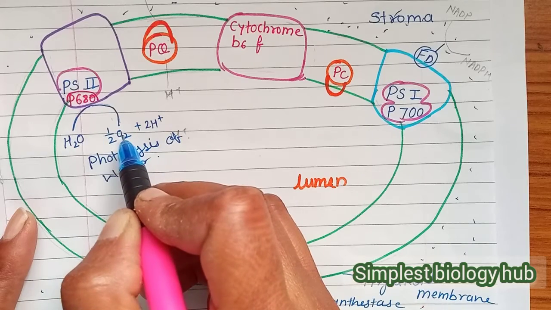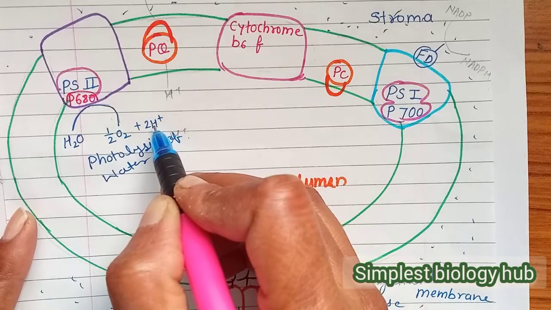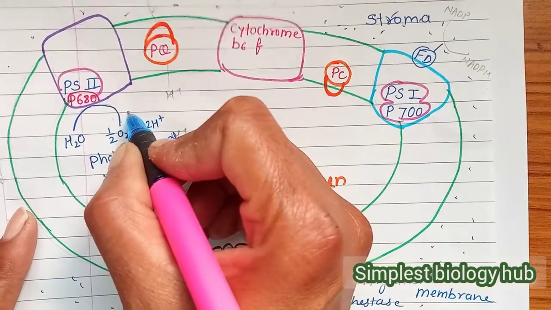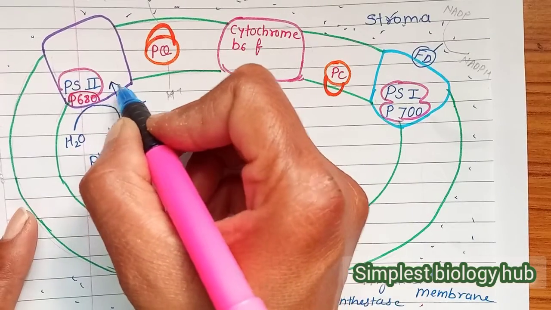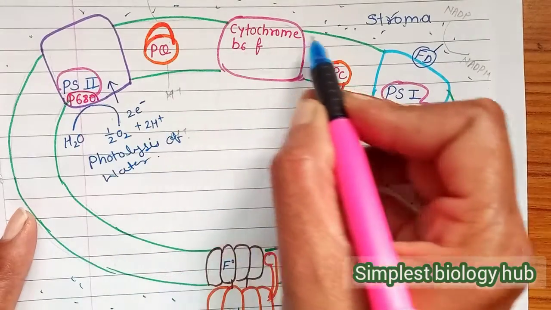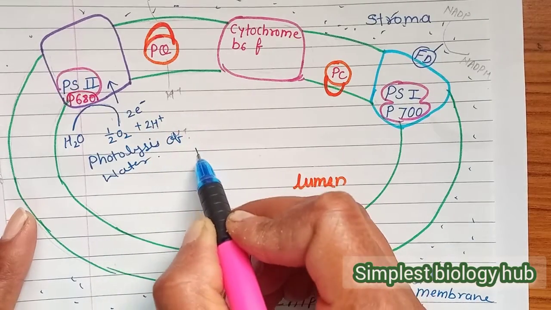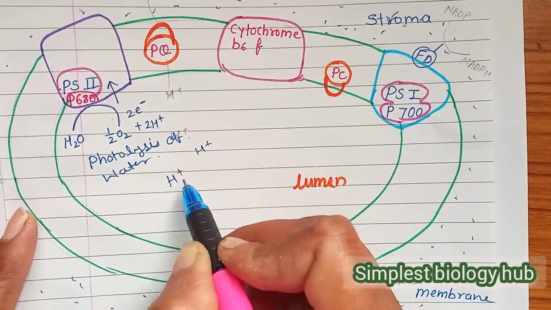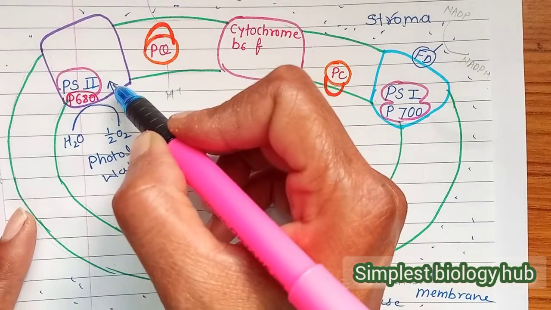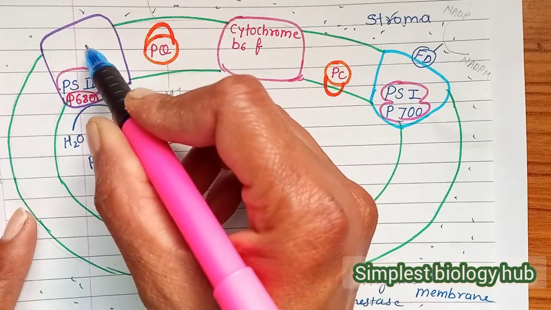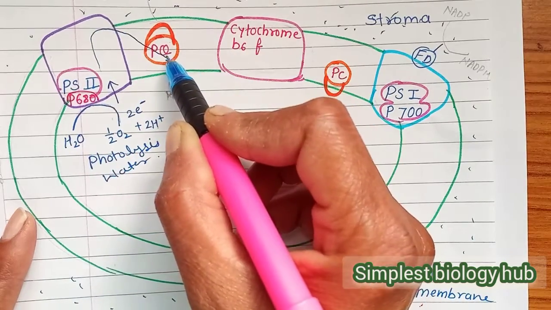When the photolysis of water takes place, half an O2 molecule is released, 2 H plus ions are released, and 2 electrons are released. These electrons run the other cycle of the photosystem, while these H plus ions are accumulated inside the lumen of the thylakoid membrane.